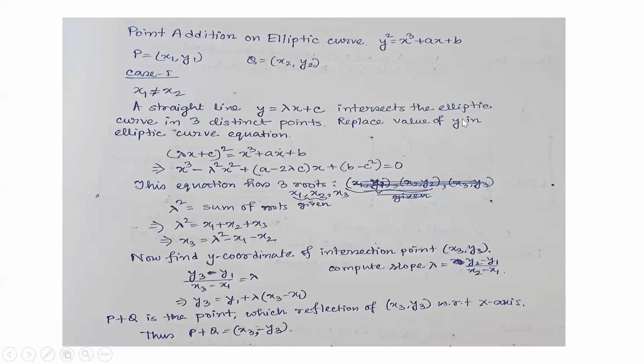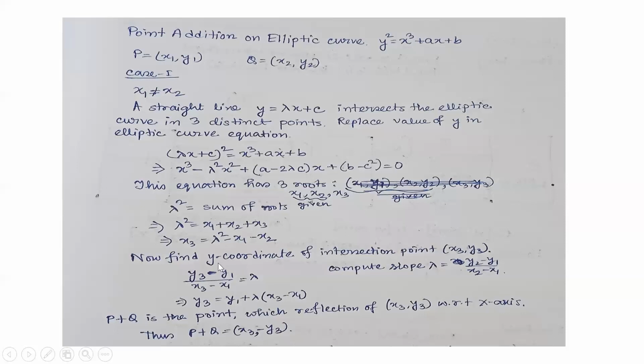The straight line is already intersecting the elliptic curve at P and Q, and we are trying to find the third point. So x1, x2 are already roots of this equation. What is x3? As lambda square is the sum of the roots, we can write lambda square as x1 plus x2 plus x3. So x3 is written as lambda square minus x1 minus x2. That is exactly the form given in your statement of the question.